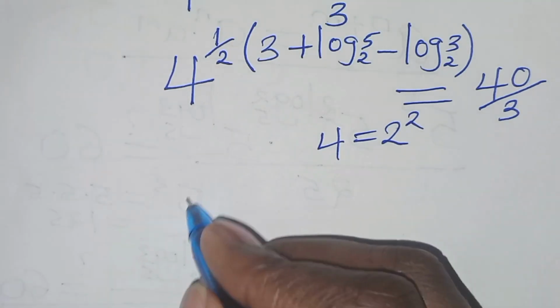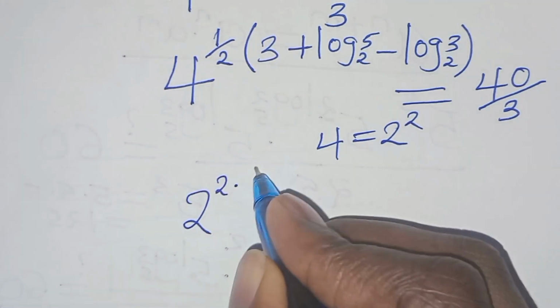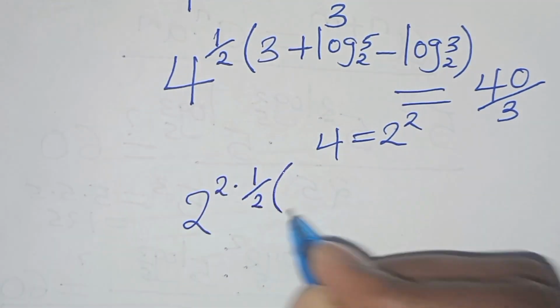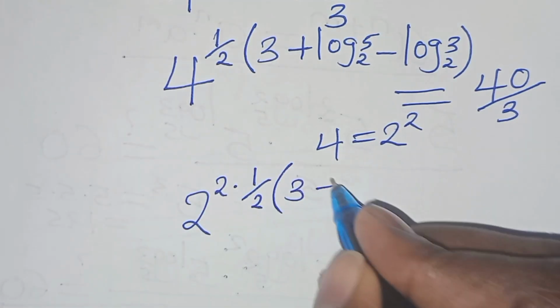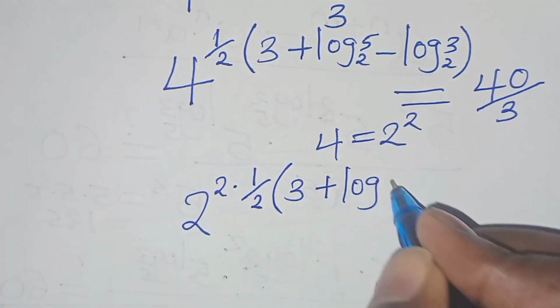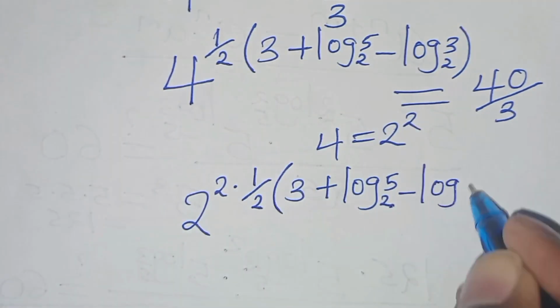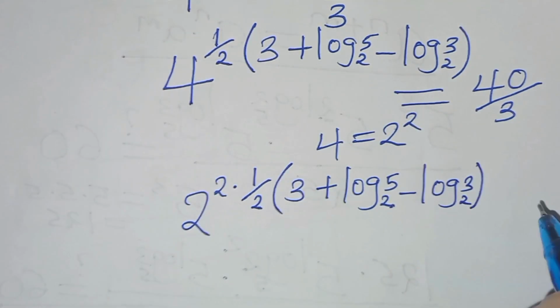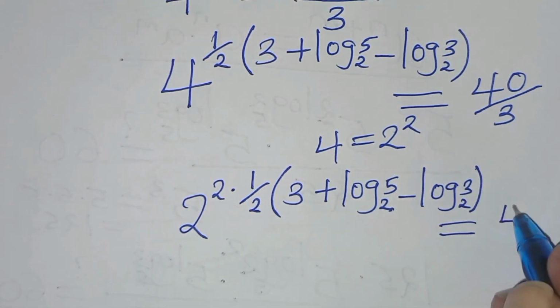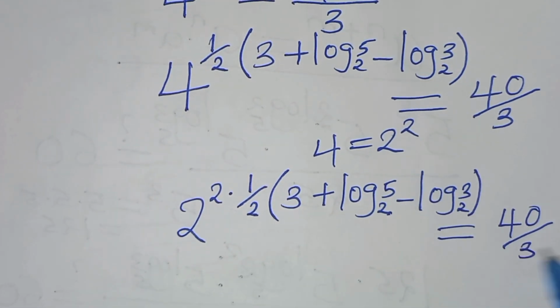So now here we have 2 to power 2 multiplied by half into the parentheses 3 plus log 5 to base 2 subtract log 3 to base 2. This is supposed to give us a value of 40 over 3.